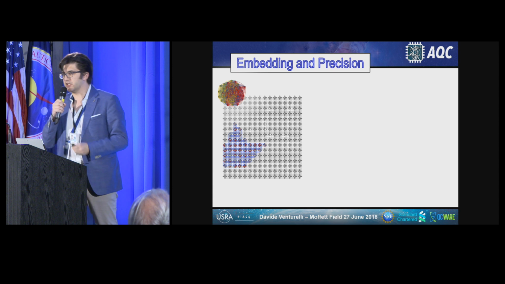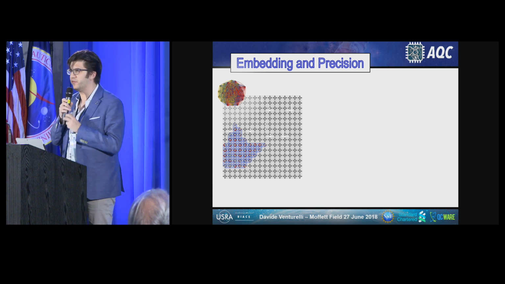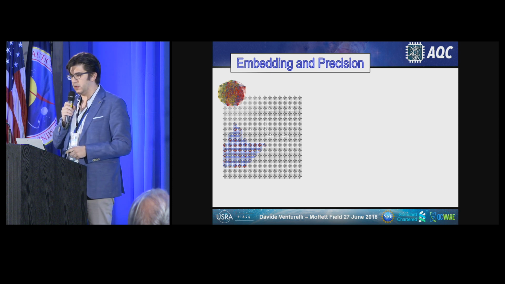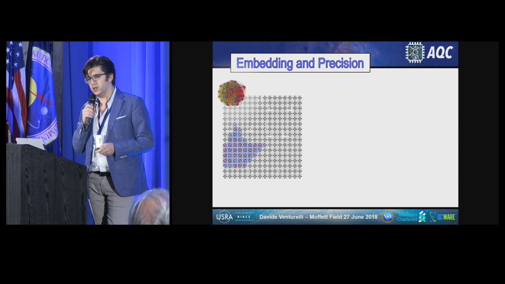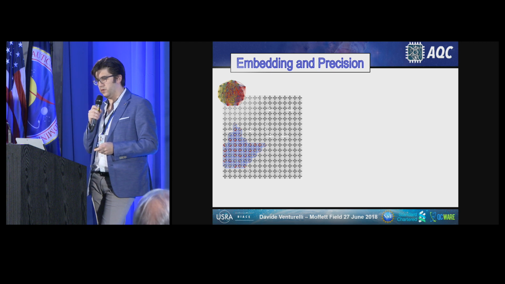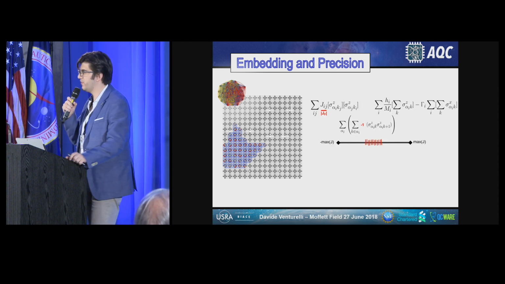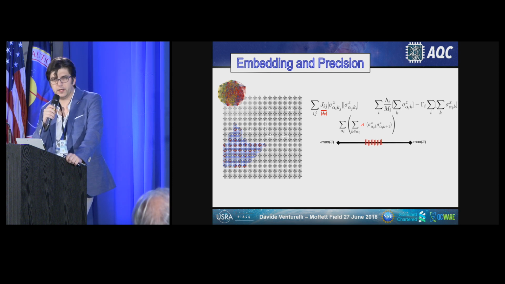The embedding is associated, as we know, with a quadratic overhead on the number of variables. And it's using the triad construction, which almost all of us are familiar with. As we know, besides a proliferation of the number of variables, you also have precision problems associated with embedding.